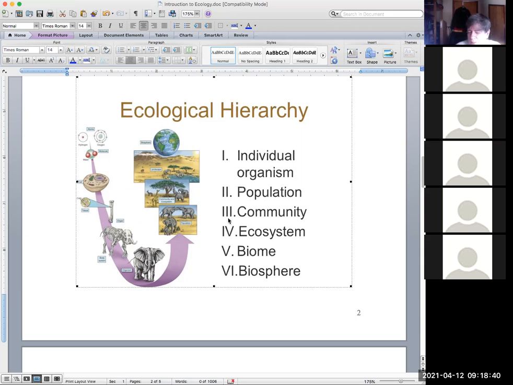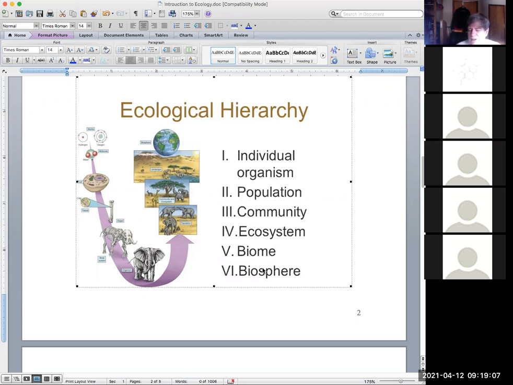We'll see some examples of that. Now notice that if we're studying a population or a community, this is in a way what you would expect in biology, because we're studying living organisms, period. In a population or a community study of ecology, we don't look at anything that isn't alive.